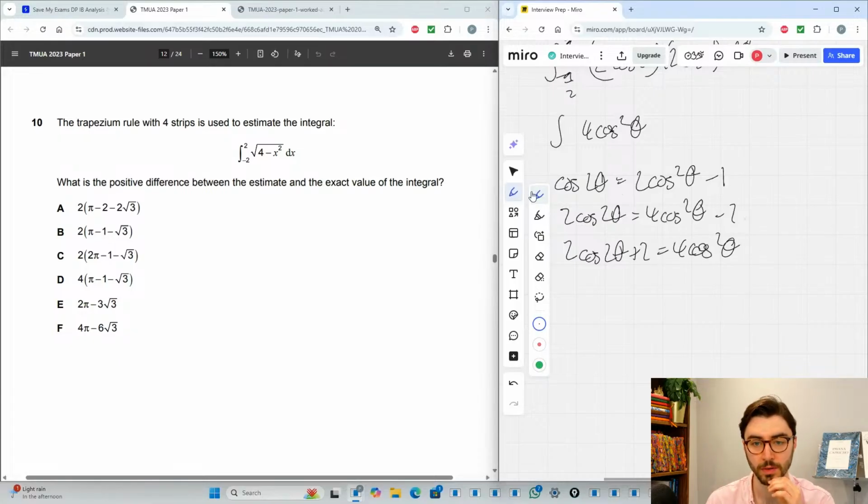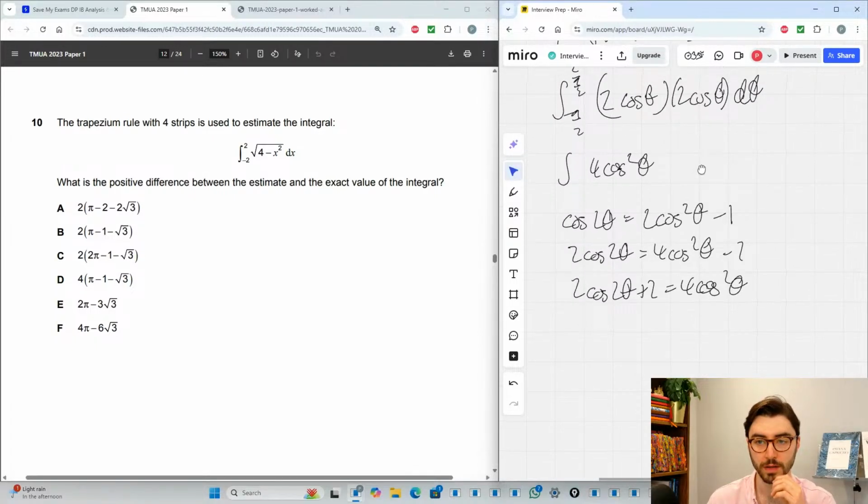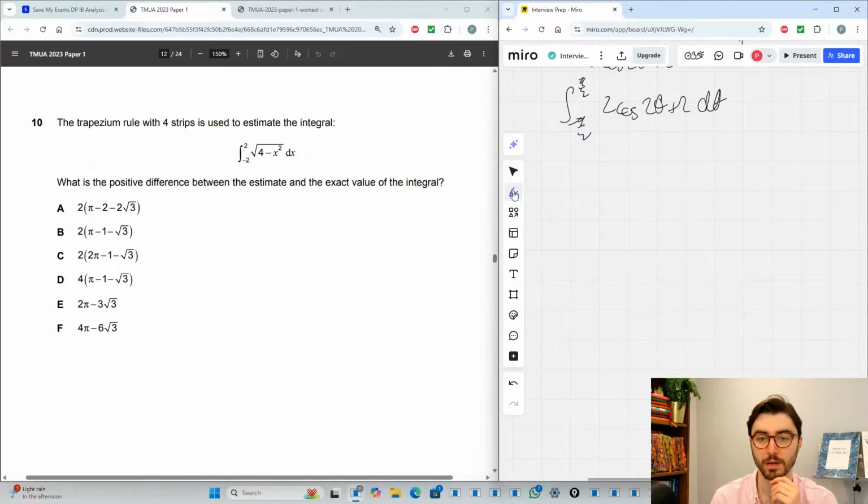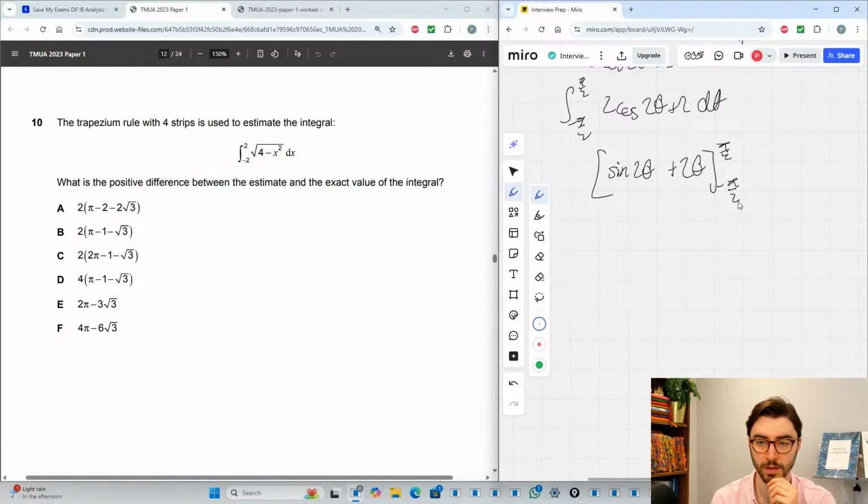Okay, so it's going to be the integral from minus pi over 2 to pi over 2 of 2 cos 2 theta plus 2 d theta. So that is sine 2 theta plus 2 theta between pi over 2 and minus pi over 2.